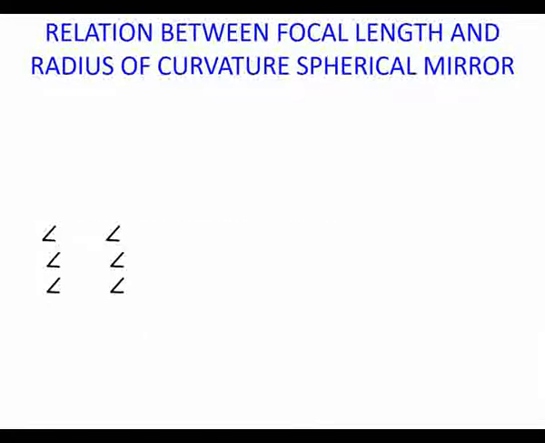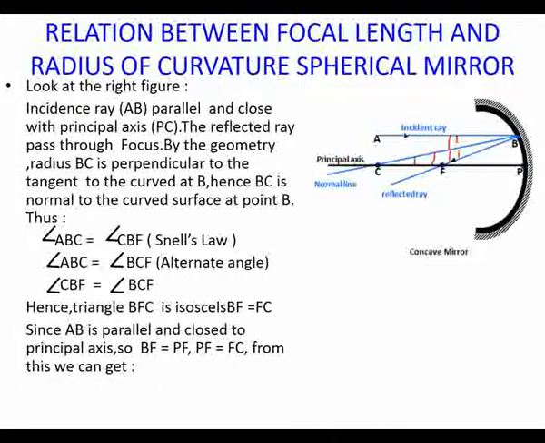After we know the part of the curved mirror, now we will learn about the relation between the focal length and the radius of curvature of spherical mirror. First, we have to look at the right figure.